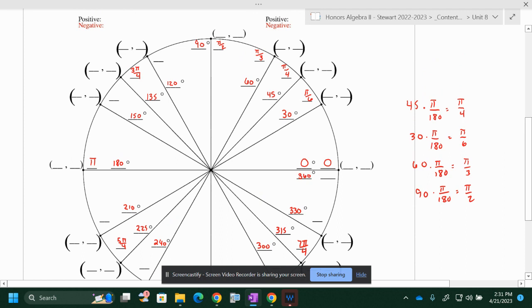Then I've got pi over 6. So pi over 6, and then 2 pi over 6, which is really pi over 3, and 3 pi over 6.